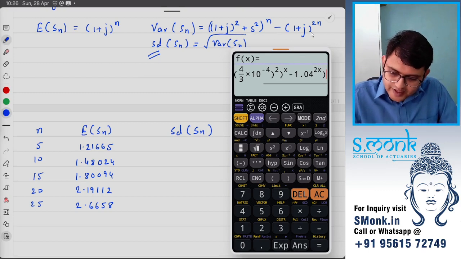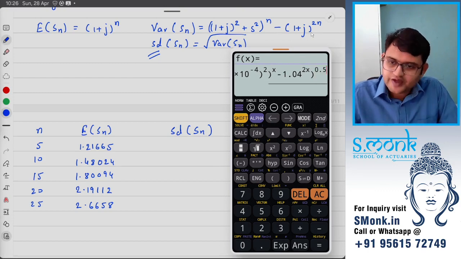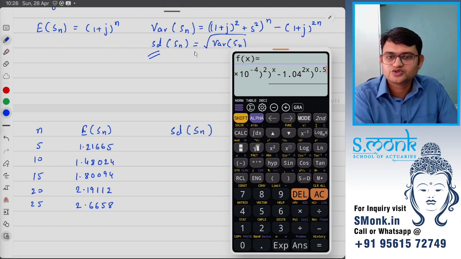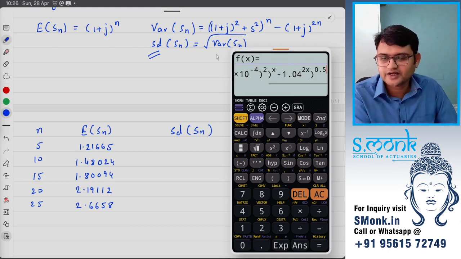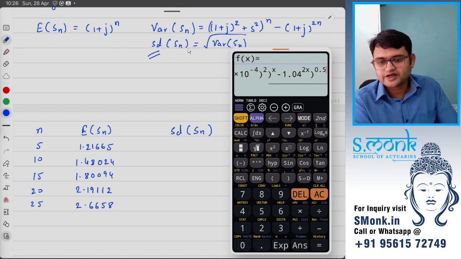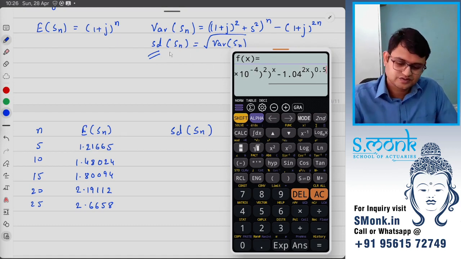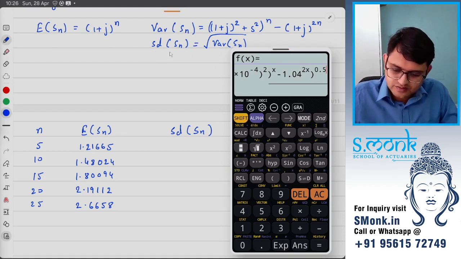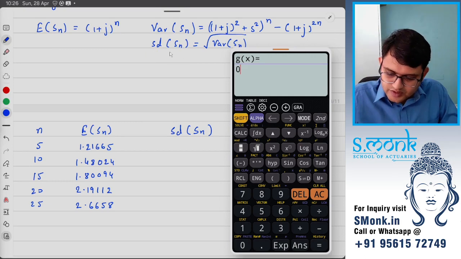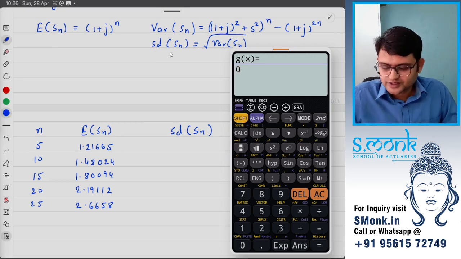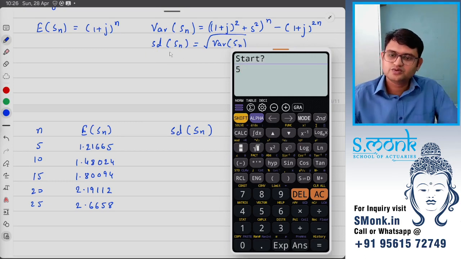I'll close this bracket and put raised to 0.5. That means I'm taking root so that I directly get the standard deviation. I press equal to. We'll not put g of x. We'll just directly go equal to.